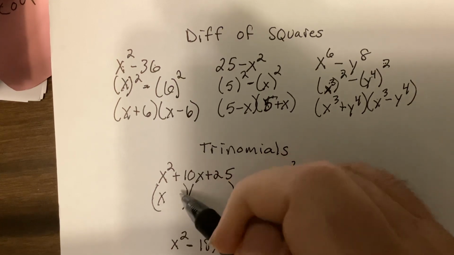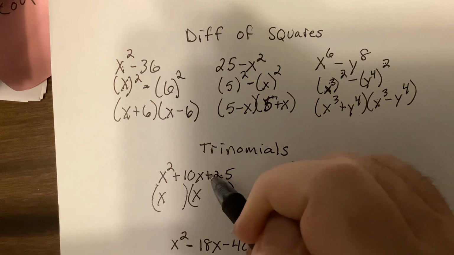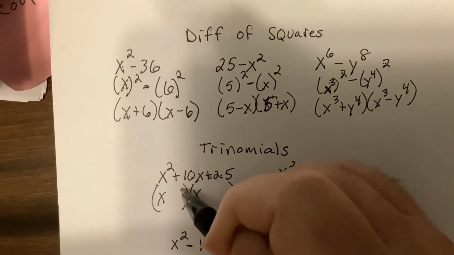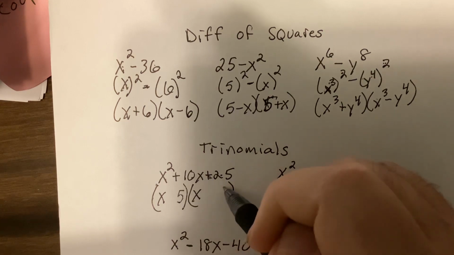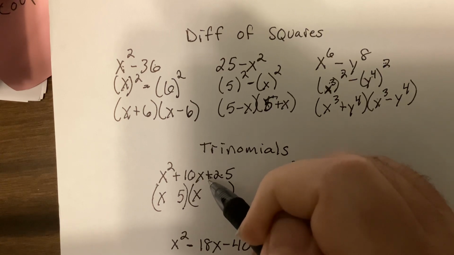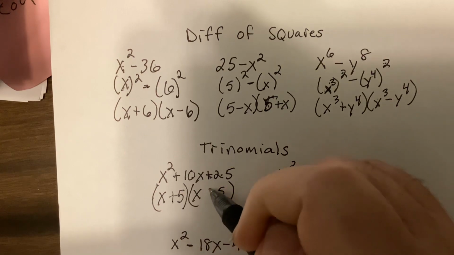So x squared is x and x. Last term's plus, so what do you multiply to get 25, but you add to get 10? And that would be 5 and 5. Since the last term's plus, both signs are the same as the middle.